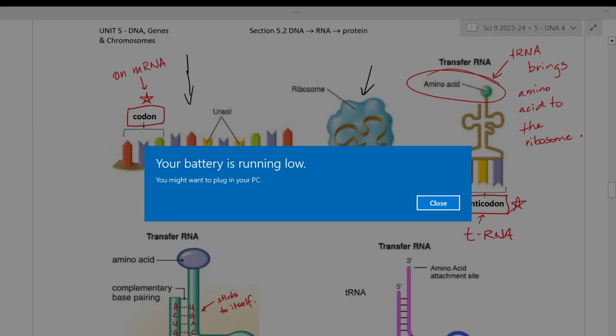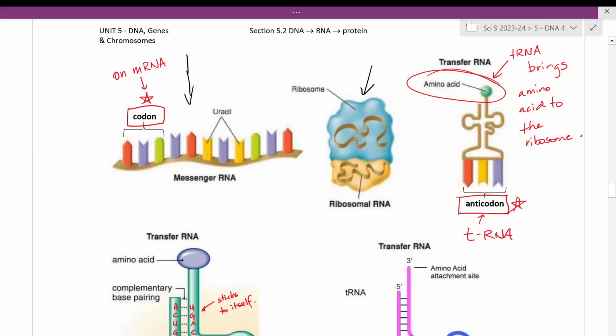That's going to make a big difference. Hard to be plugged in if you don't have the cord.